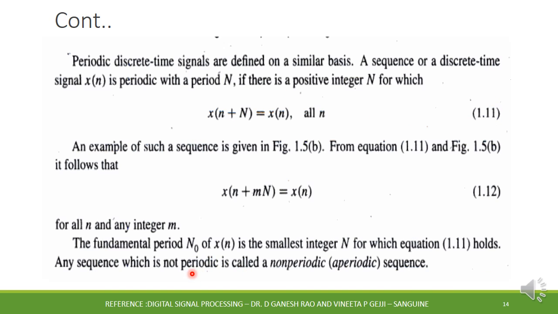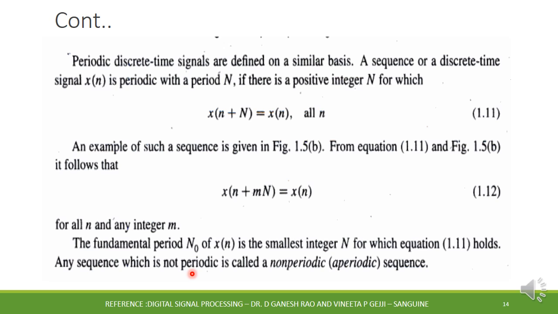Any sequence which is not periodic is called a non-periodic sequence. A periodic sequence is one continuous pattern where your period value is a non-zero value. If it is 0, we are not going to get any value there, so it should not be a period. One sequence should be there: 1, 2, 3.